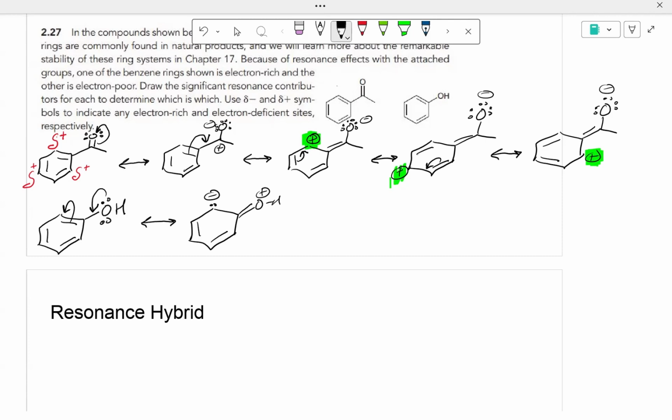And then I have the same situation: a lone pair in an allylic position. So I'm going to do it again, and I can do that one more time.